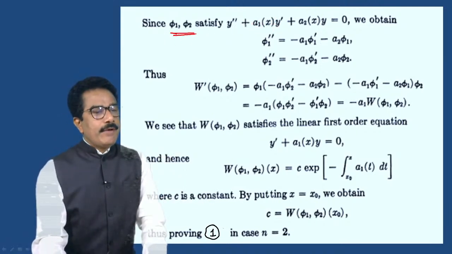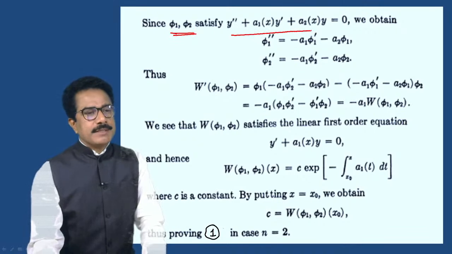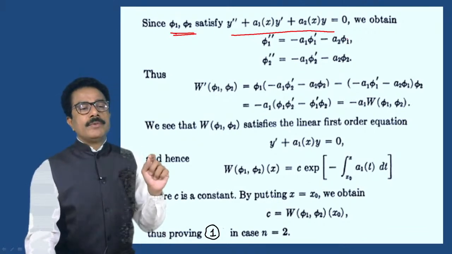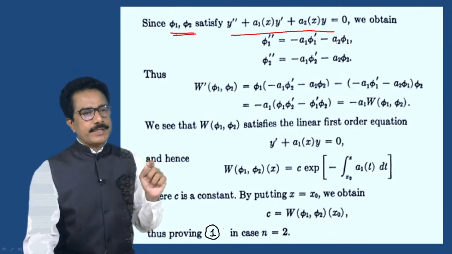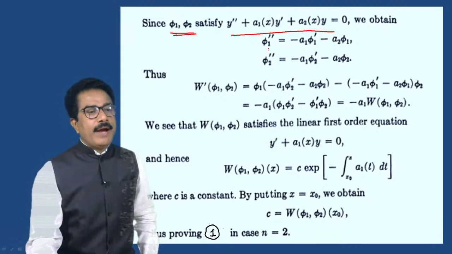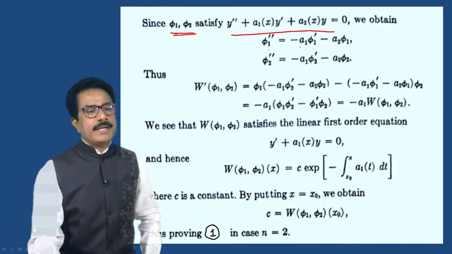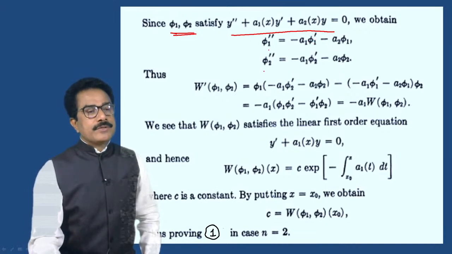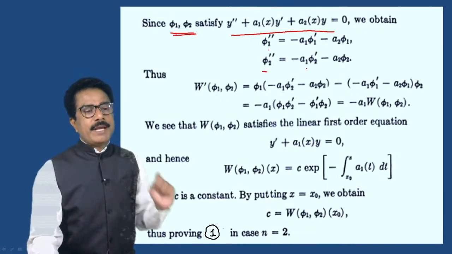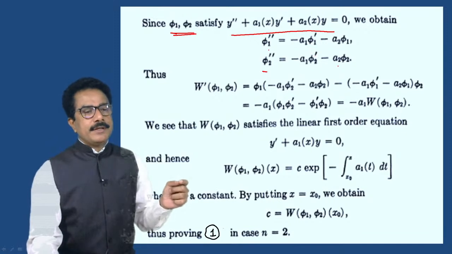So phi1 phi2 satisfy the second order linear homogeneous differential equation having variable coefficients. So we obtain phi1 double dash equals minus a1 phi1 dash minus a2 phi1, and phi2 double dash equals minus a1 phi2 dash minus a2 phi2.